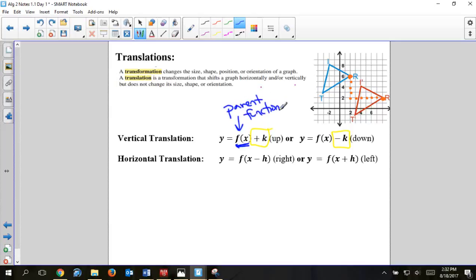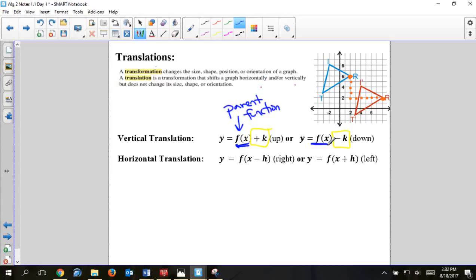So anytime you see that f of x here, we're talking about a parent function. So we take a parent function and we add a number. What it's going to do to the graph is move it up. If we take a parent function and we subtract a number, that takes that graph and slides it down. So that is vertical translation.